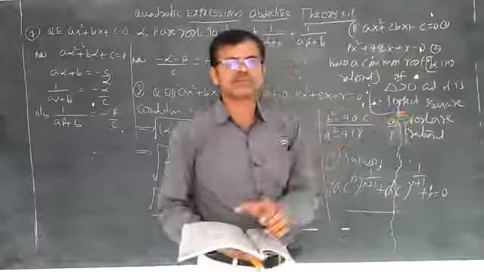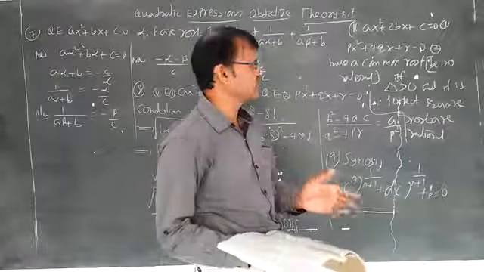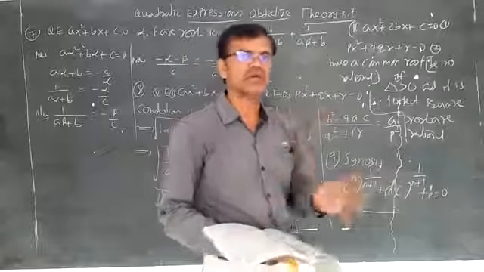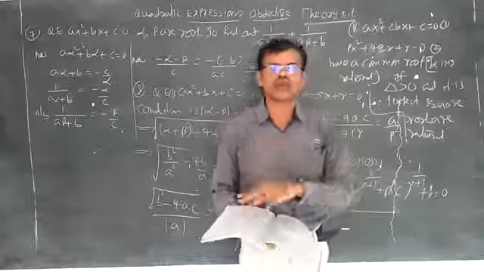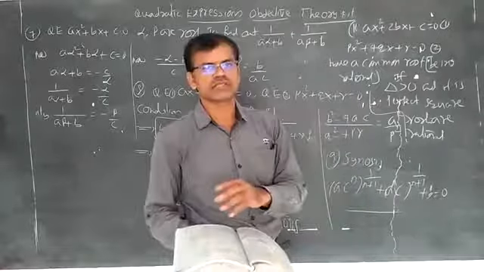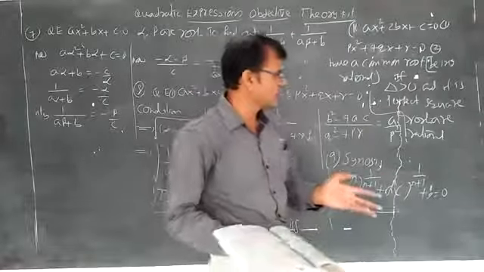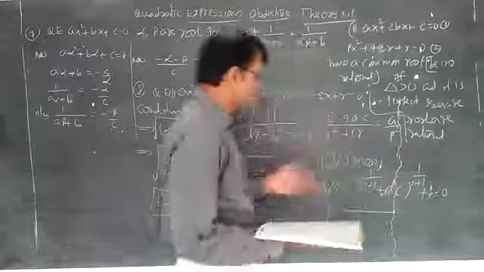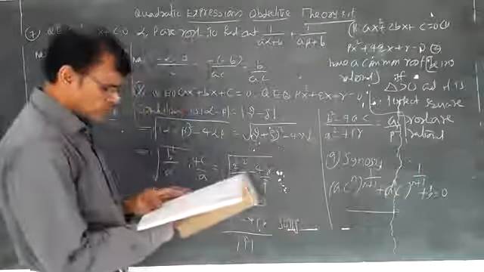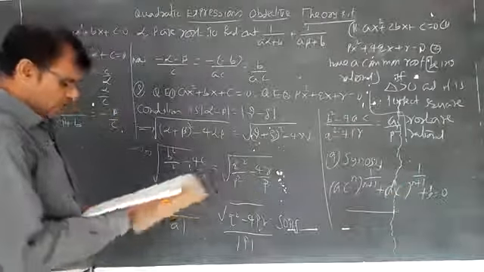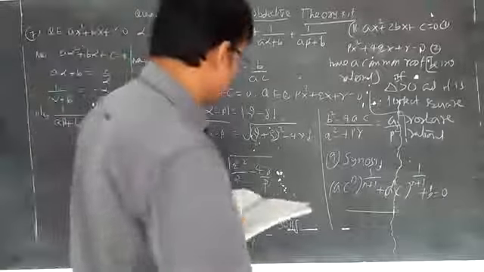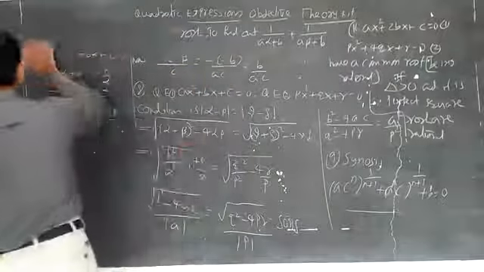Whenever b square minus ac is a perfect square and q square minus pr is a perfect square, 4 into that perfect square is always a perfect square. For example, 4 into 9 is 36, 4 into 4 is 16, 4 into 36; everything is a perfect square. So the answer is the first option. Now let us discuss the 11th.